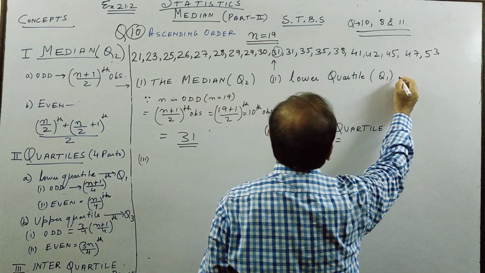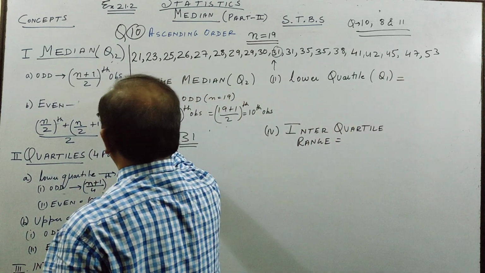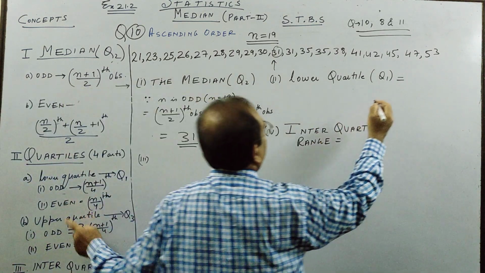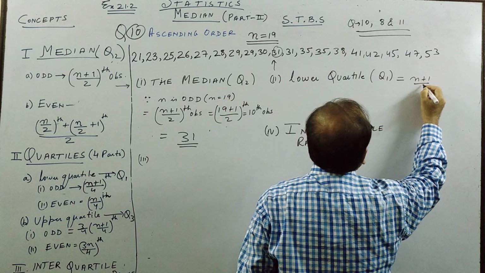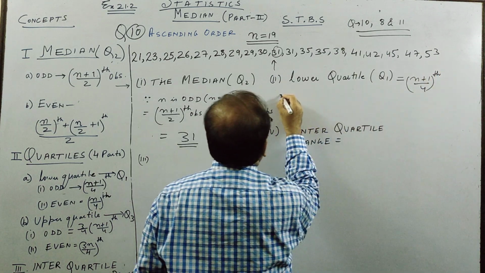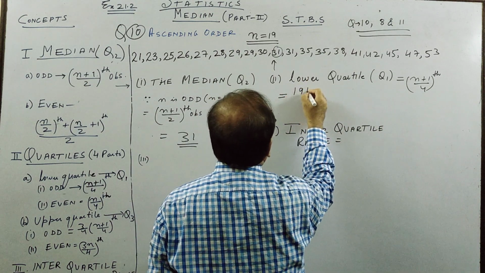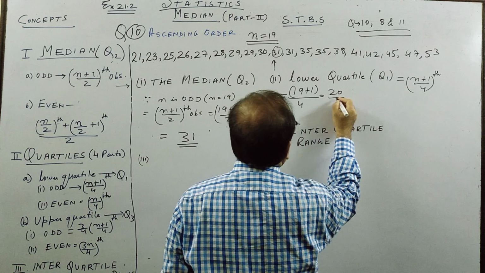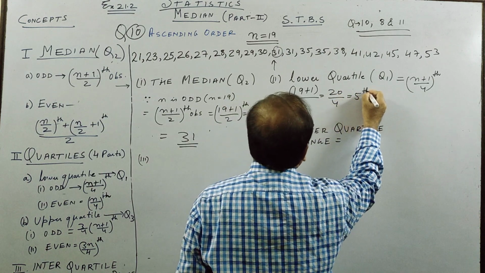Now the lower quartile, when n is odd. The formula is (n plus 1) by 4 th term. Here n is 19, plus 1 is 20, by 4 is 5. So it is the 5th term.